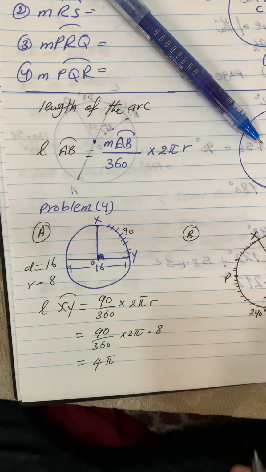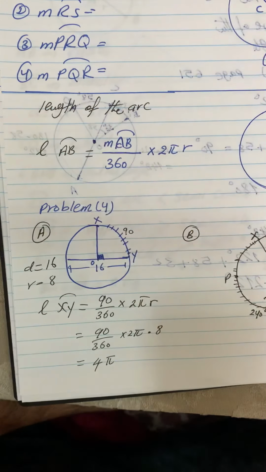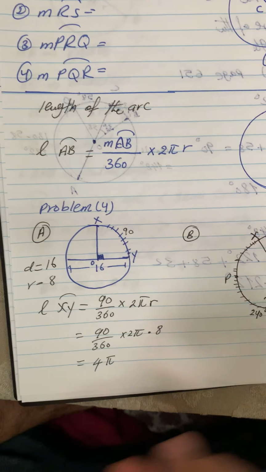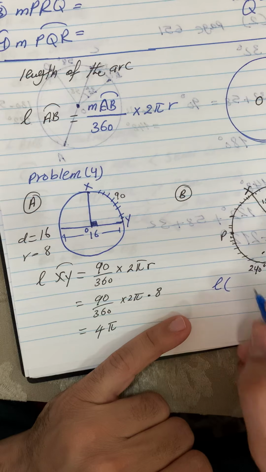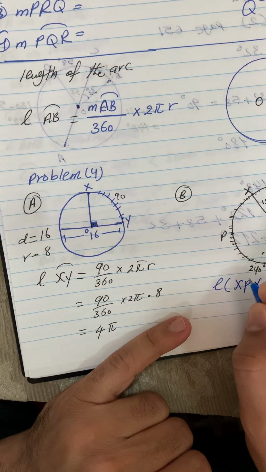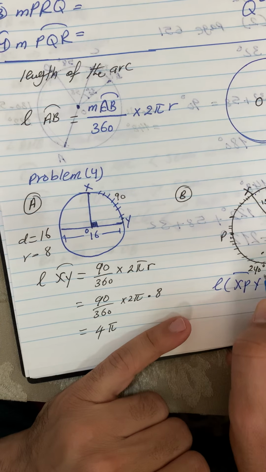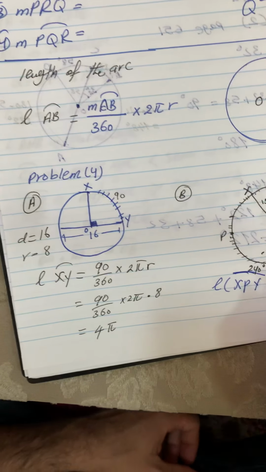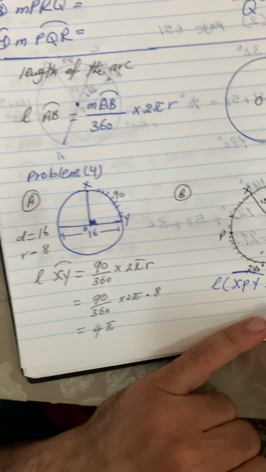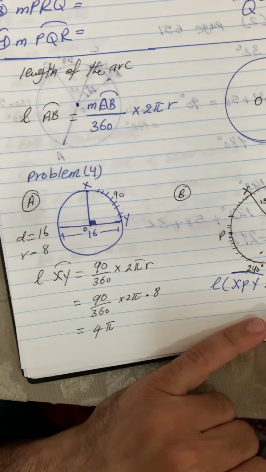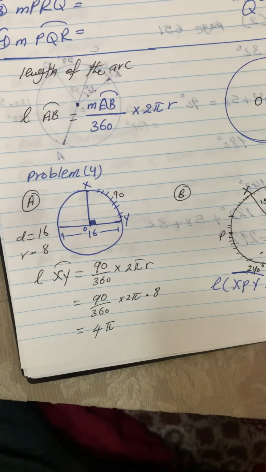Now I want to get the length of the major arc. Length of XPY arc. So it's the measure, which is 240 over 360, multiplied by 2π, multiplied by the radius 15.